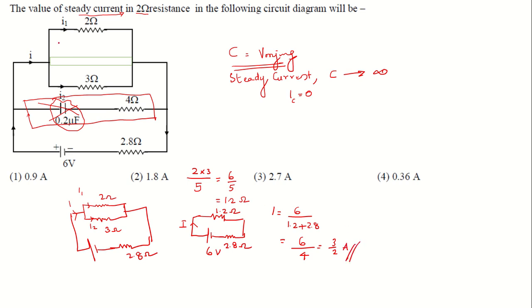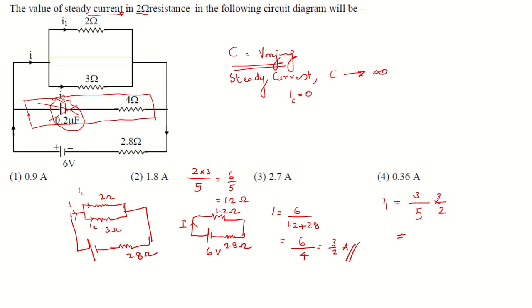But our aim is to find the current flowing through I1. If the total current is known, then it is so easy. It is a parallel network, so it divides in the inverse ratio. And hence we can easily find that I1 is equal to the resistance in the other arm, that is 3, divided by the total, 2 plus 3 as 5 ohm, into the total current, which is 3 by 2.